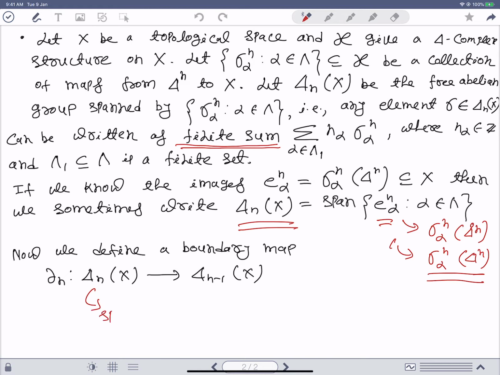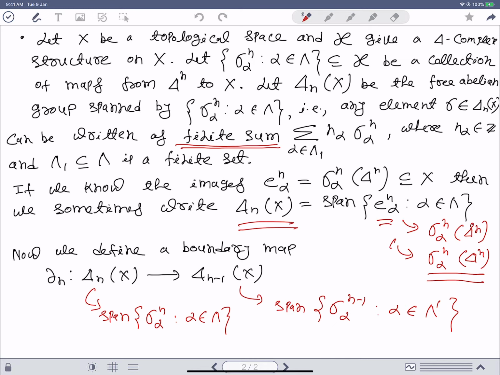This is spanned by the simplices, or you can say open simplices, or you can say spanned by the maps sigma_n, where each sigma_n is a map from Delta^n to X, right? And what is this one? This is a span of say sigma_{n-1} alpha. Okay, or you can say here it is alpha, where alpha belongs to some different index set.